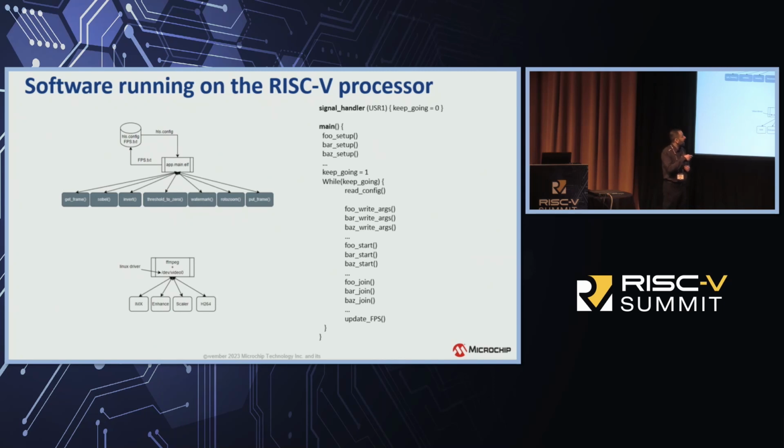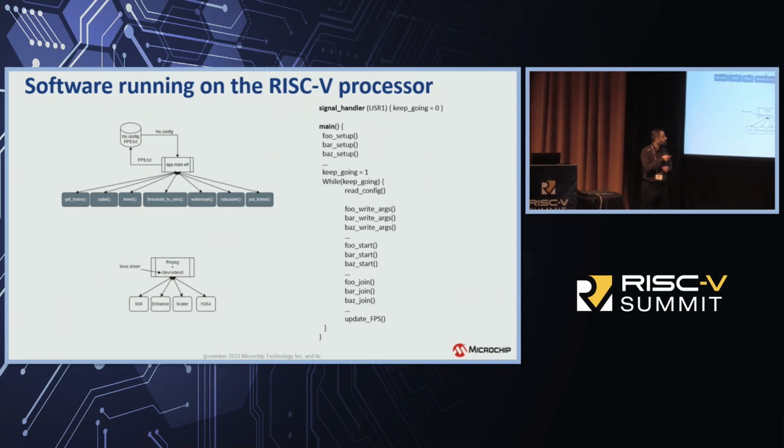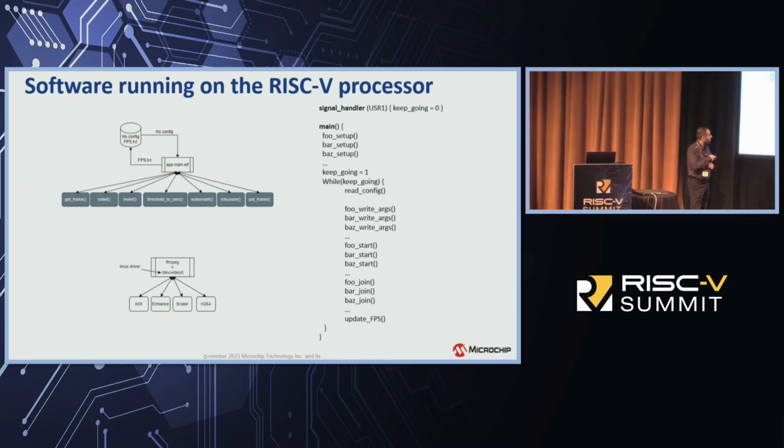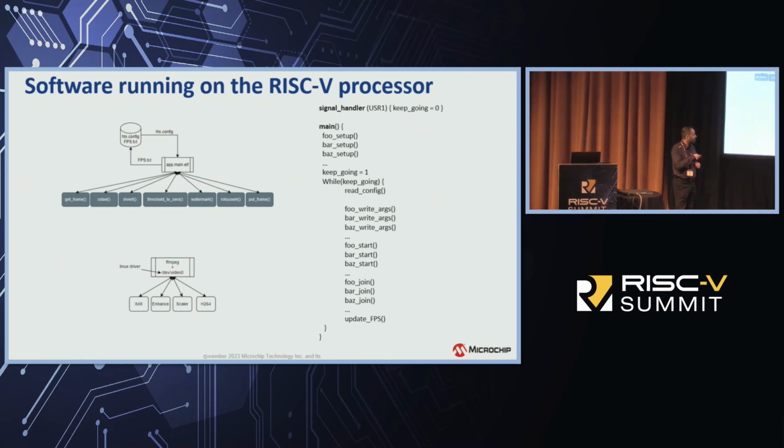Then there is a signal handler that when the user clicks on the stop button, it sends a signal, changes the value of keep going, and then the loop terminates. That's as simple as it is, that's the overall application. And then there is the FFmpeg plus the Linux video driver that takes care of the other non-HLS generated modules.